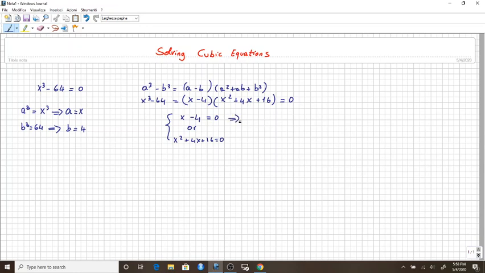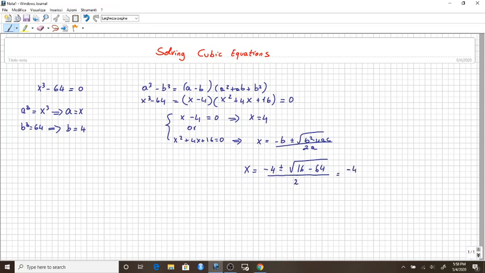The first one is again simple to solve, x equals 4. The second one, we're going to use the quadratic formula, which is negative b plus minus square root of b squared minus 4ac divided by 2a, which translates in this case to the opposite of b, which is negative 4, plus and minus b squared is 16, minus 4ac becomes 4 times 16, which is 64, and then all of these divided by 2 times a, which is 2.